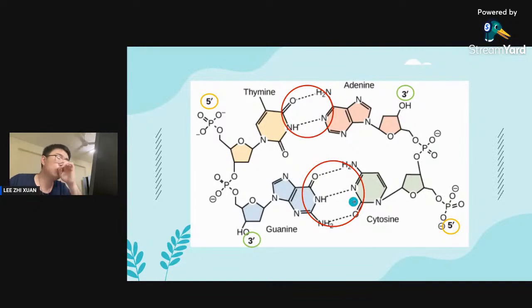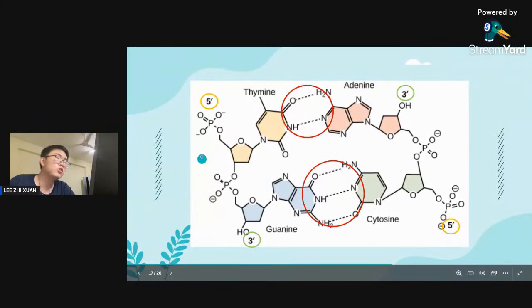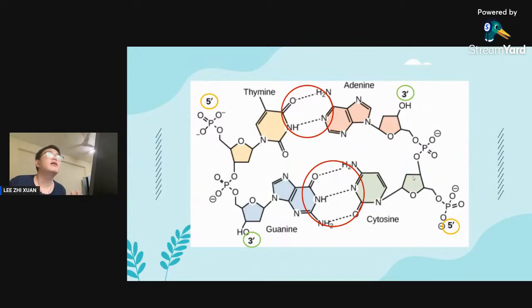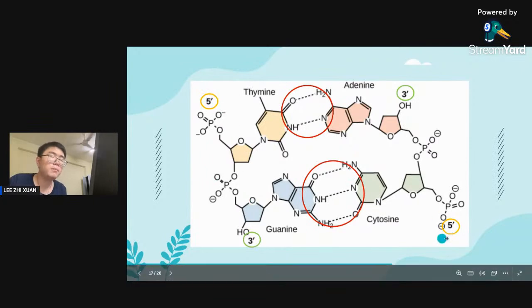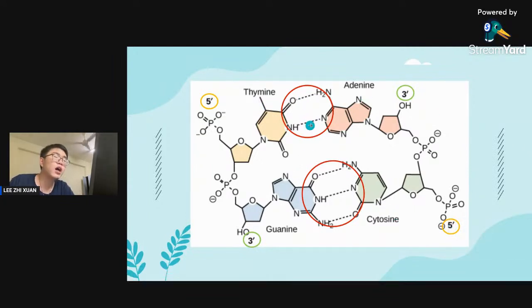If you draw both strands 5 to 3, or both 3 to 5, which is the same direction, you are wrong already, because DNA is anti-parallel. So you have to be alert for it. When you draw this as 5 to 3, this one will be 3 to 5. And for the hydrogen bonding, adenine and thymine have only 2 hydrogen bonds. Cytosine and guanine have 3 hydrogen bonds. Okay.